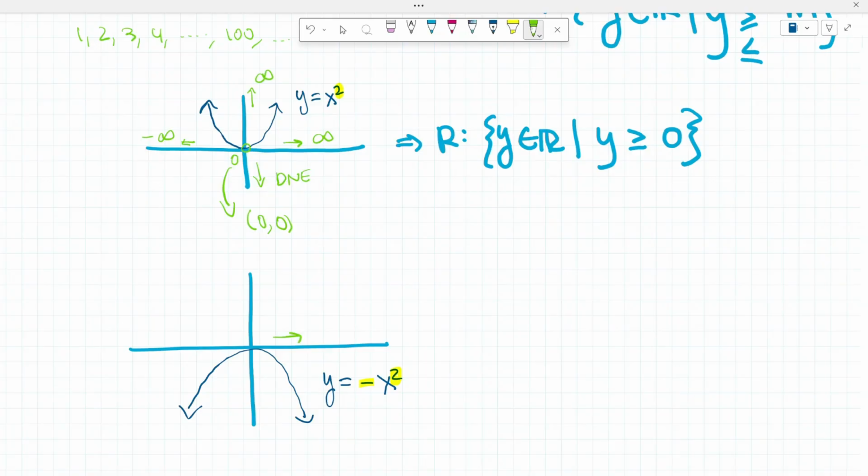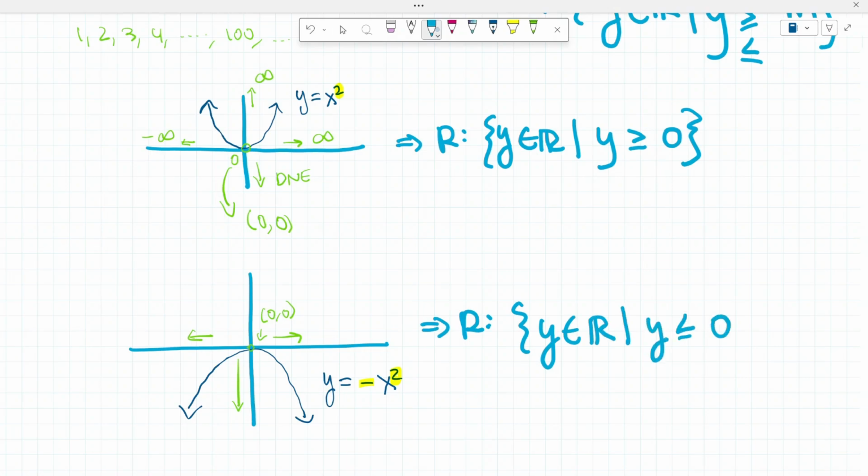We still see that our domain is unchanged. We can take all values, but now our function only exists when it is less than or equal to its maximum point of (0, 0). So that means now that our range is y is an element of the real numbers such that y is less than or equal to 0.